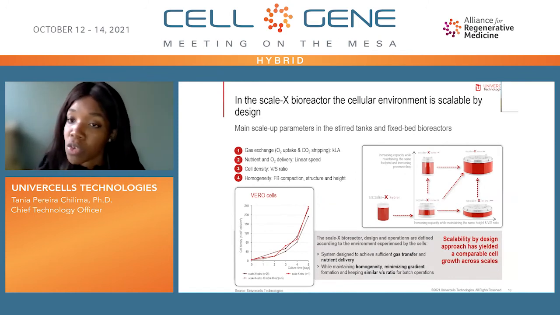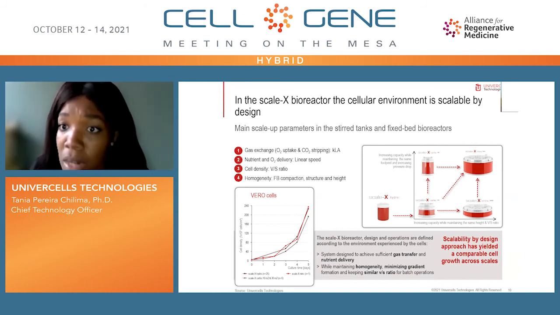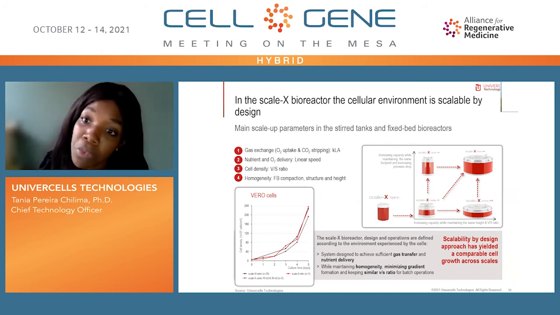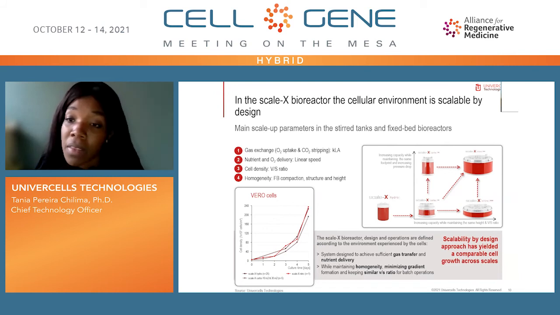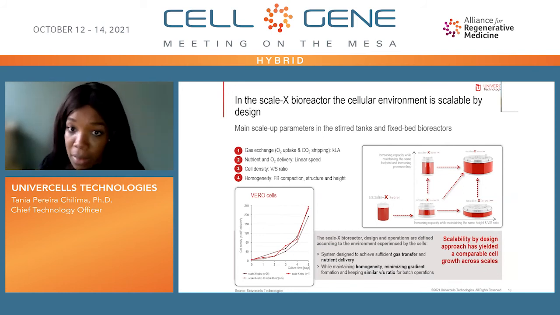This is very important, especially in batch steps like a transfection, ensuring that the overall cell concentration in the bioreactor is the same across scales, and homogeneity. And I already explained to you that this will be through the fixed bed compaction, as well as through the height of the fixed beds to limit formation of gradients.